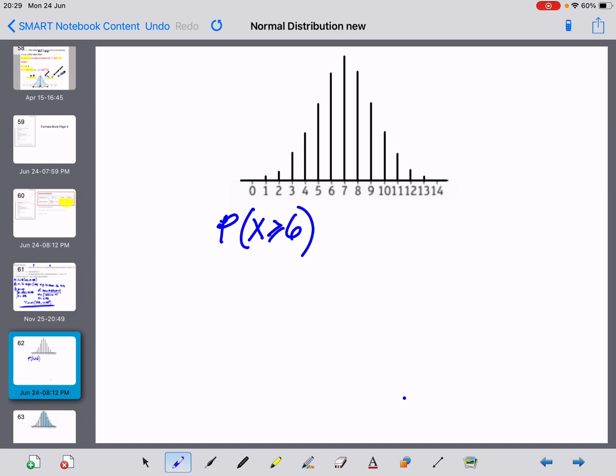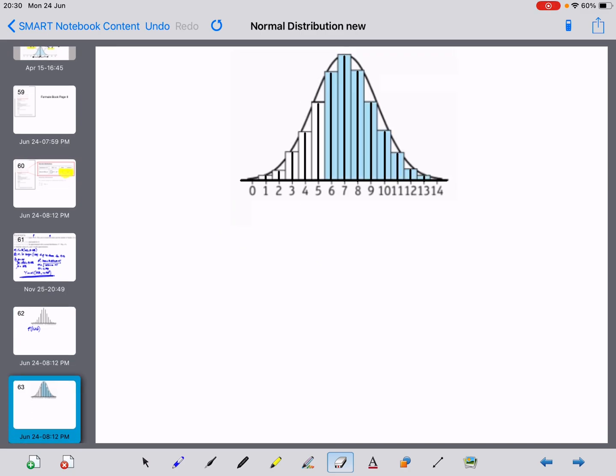If we were doing this with a binomial distribution, we would add up, or your calculator would add up, all the heights of all those where x is greater than or equal to 6, and that would be the answer. Okay, the normal distribution needs an area. So what we need to do is make those sticks turn into bars and plug the gap. On the next slide, that's what it's going to look like.